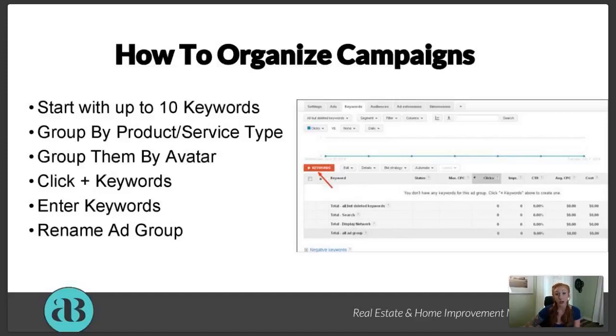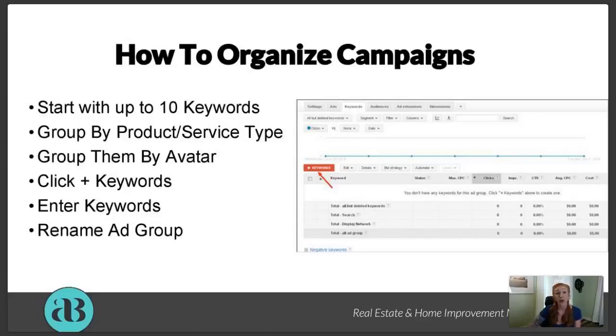So you want to make sure that you're able to speak directly to the person that you want to speak to. So that's why it's best to separate them based on types of buyer, types of service, types of product. If you are a landscape company, lawn mowing services is a totally different customer than landscape architecture. One is more high-end, one is a lot more basic. So you would not want to use the same campaign for both of those.